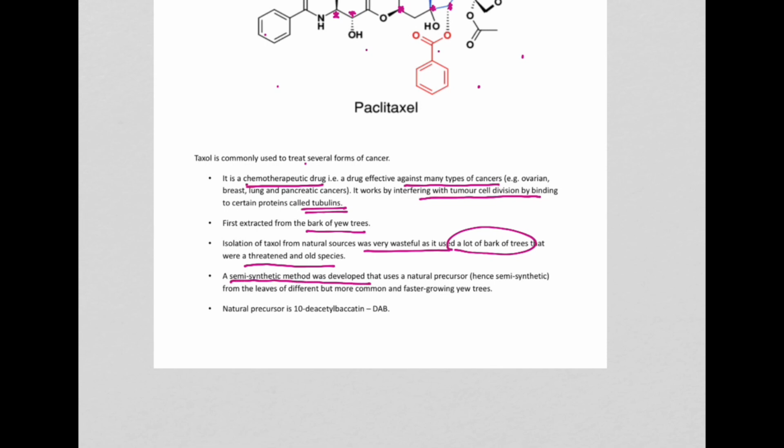So we used part of it which was natural, and then from the natural precursor, we produce taxol. So it is a semi-synthetic method from the leaves of different but more common and fast-growing yew trees. And the natural precursor is called DAB.